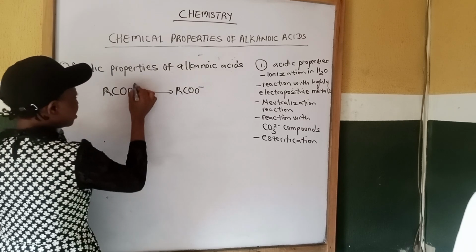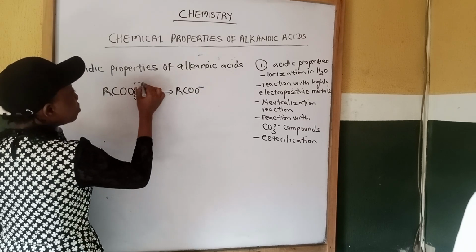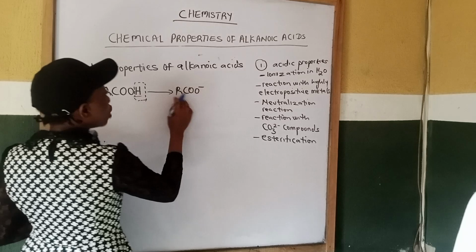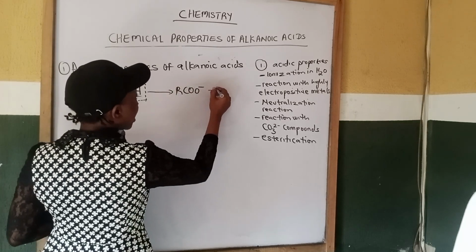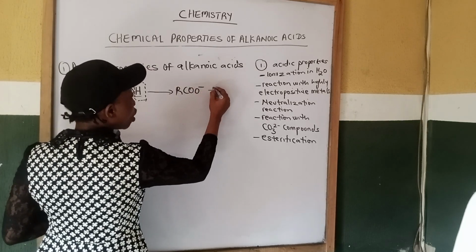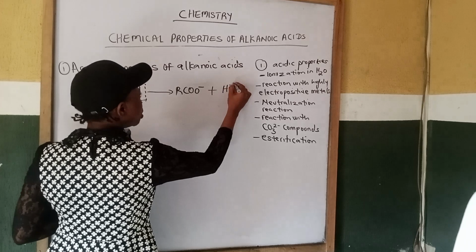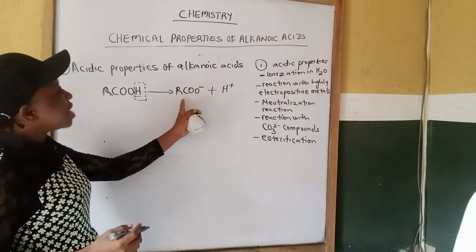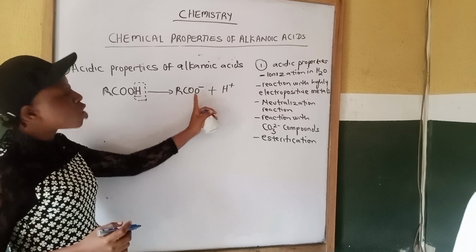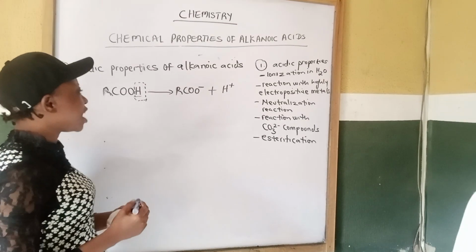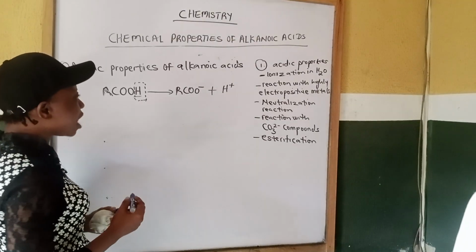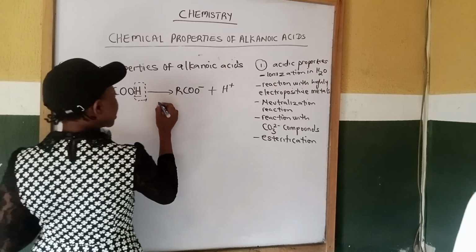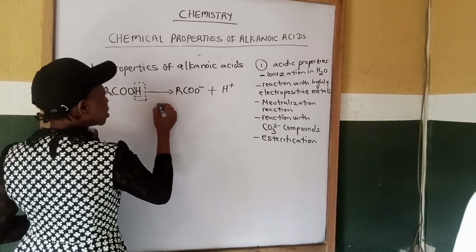RCOO minus. That is when you remove this hydrogen ion. So we have RCOO minus plus the hydrogen ion dissociated. Which means that the product formed is called what? An alkanoate ion, or you call it the carboxylate ion.